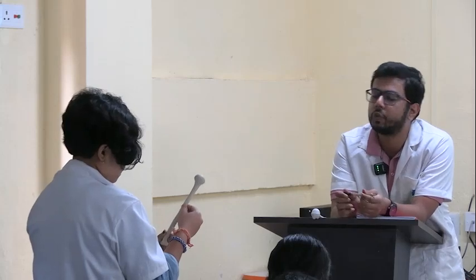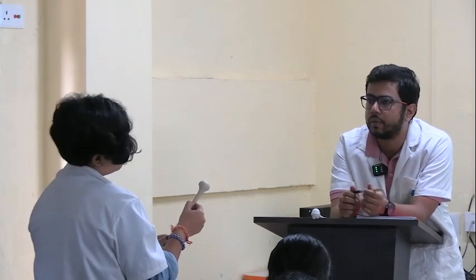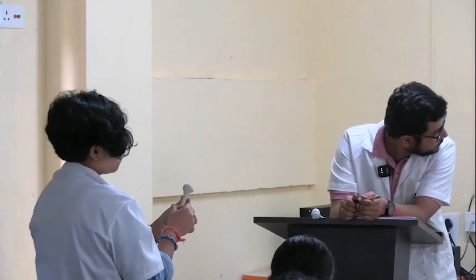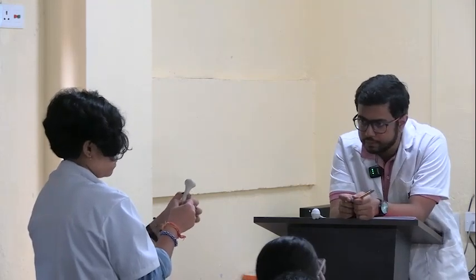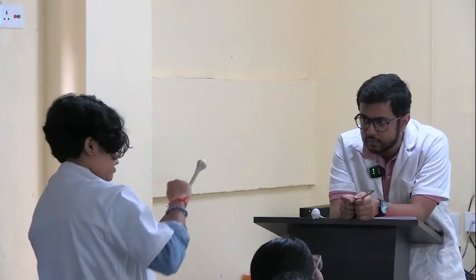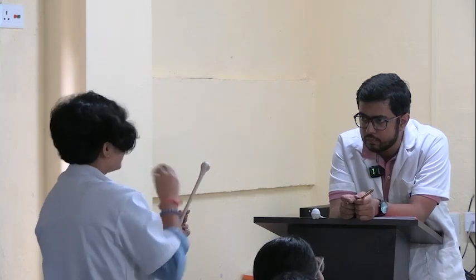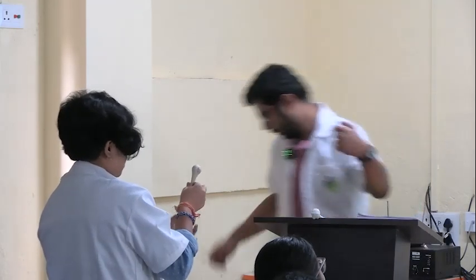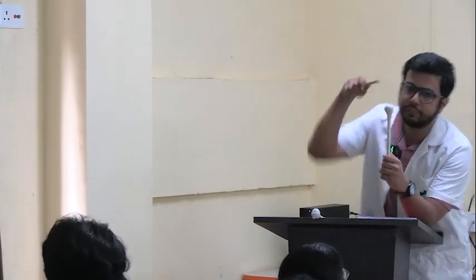Okay, show me the medial head of the triceps. Where is it attaching? You can see here. Okay, sit down. So in the exam, if they ask you, you will show them the posterior surface.